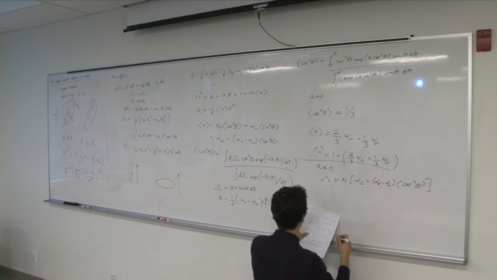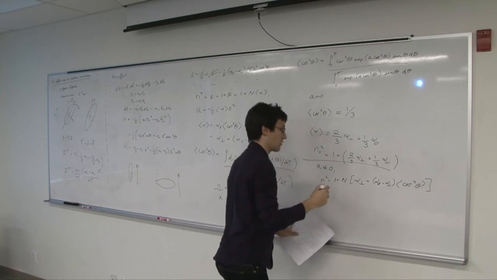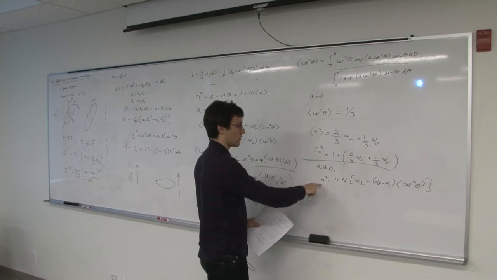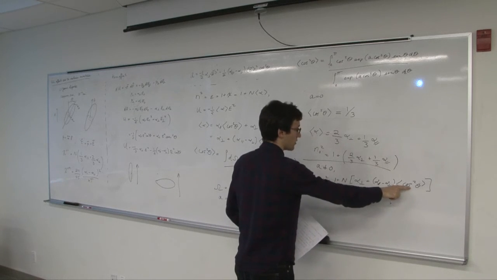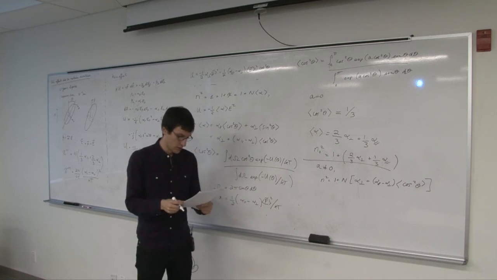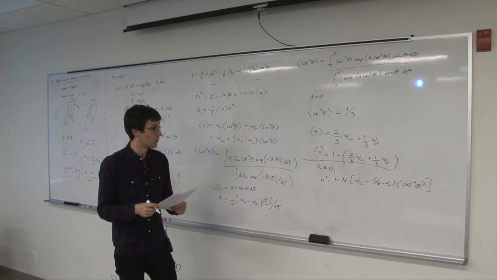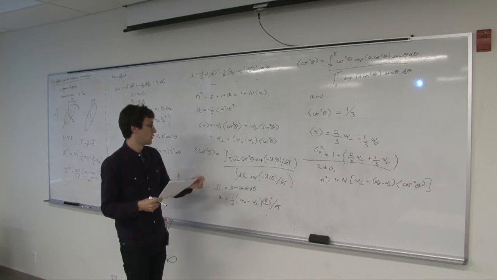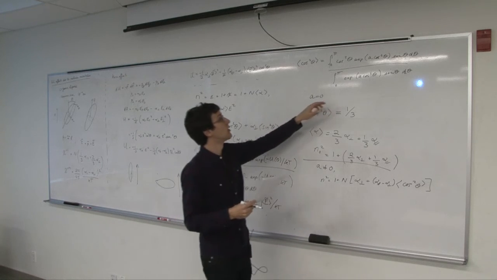And now if you want to have the change in the refractive index, it's really just a factor that will be depending linearly on the cosine square that we can calculate with a certain value of A.